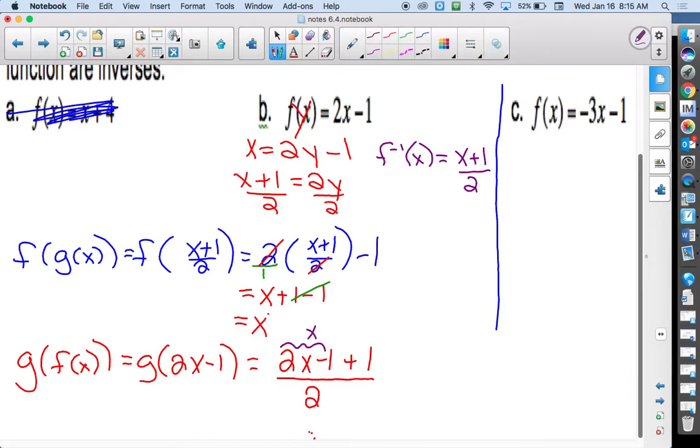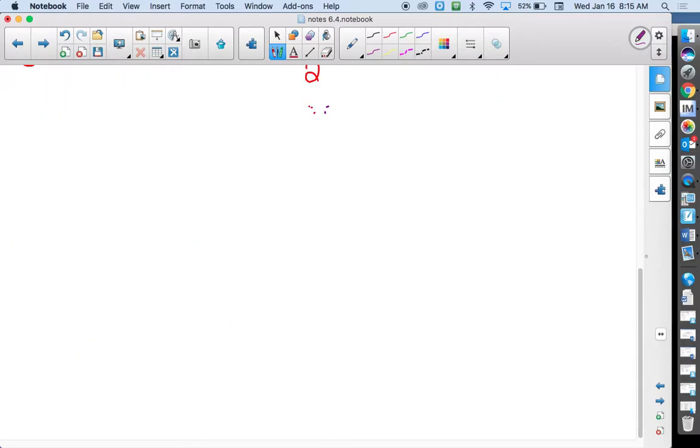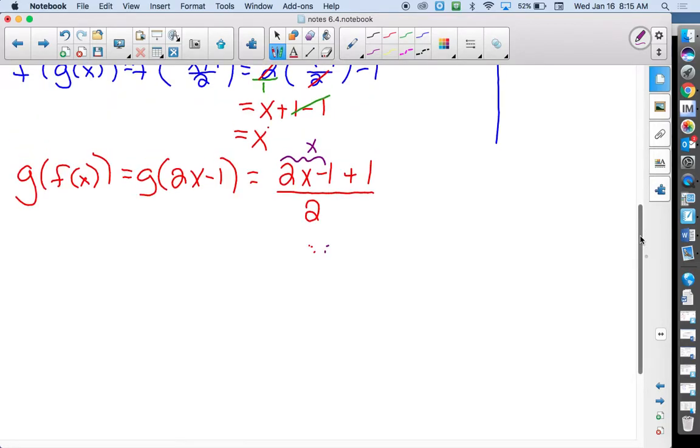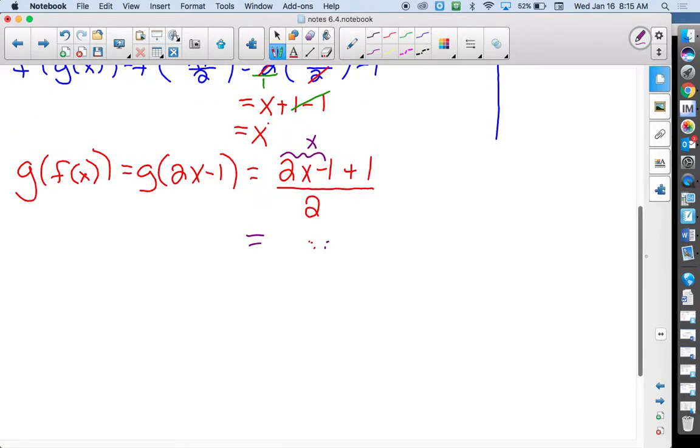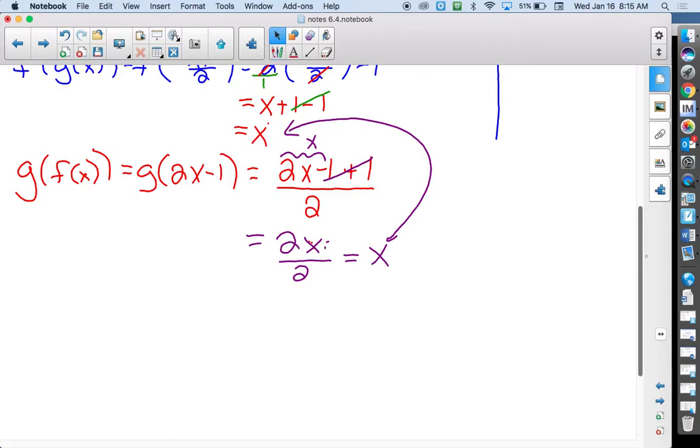We're plugging it into that x. So minus 1 plus 1 cancels. That gives us 2x divided by 2, which is just x. Verify means that they both should equal x. So there's a multi-step problem there. We found the inverse, and then after we found the inverse, we had to show that they were inverses of each other.